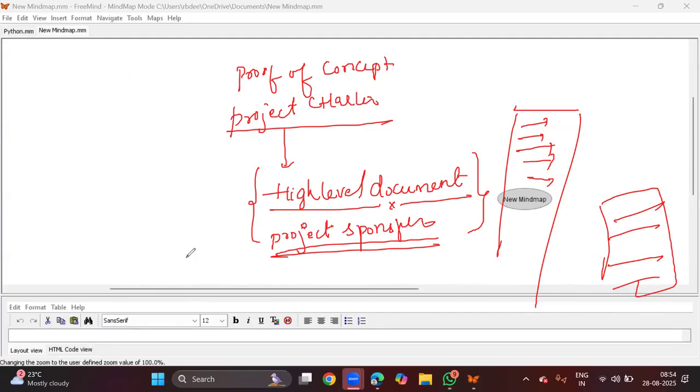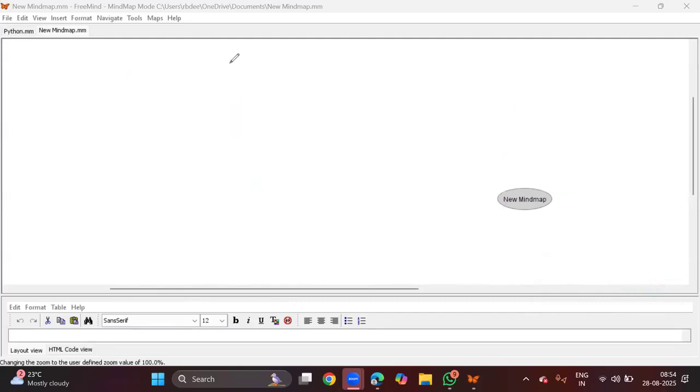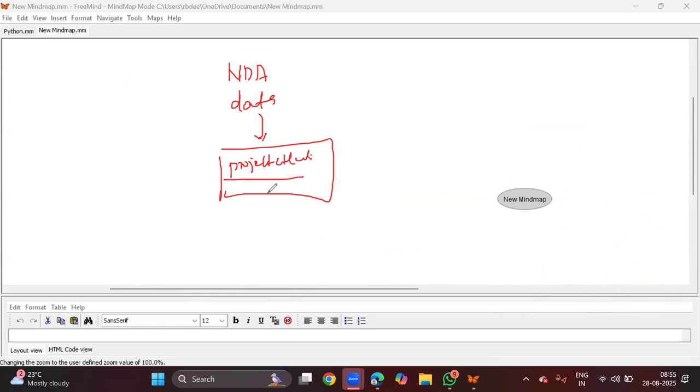For the project charter, after we sign the NDA document, we will get the data. After we get the data, the first step we do is prepare the project charter. Who are the people working on it? What are the timelines? How many days will it take to complete the project? How many days will each step take? There are 6 steps, no?